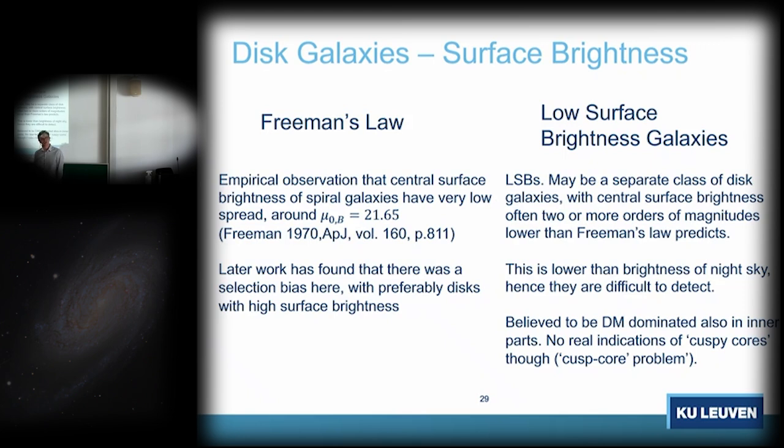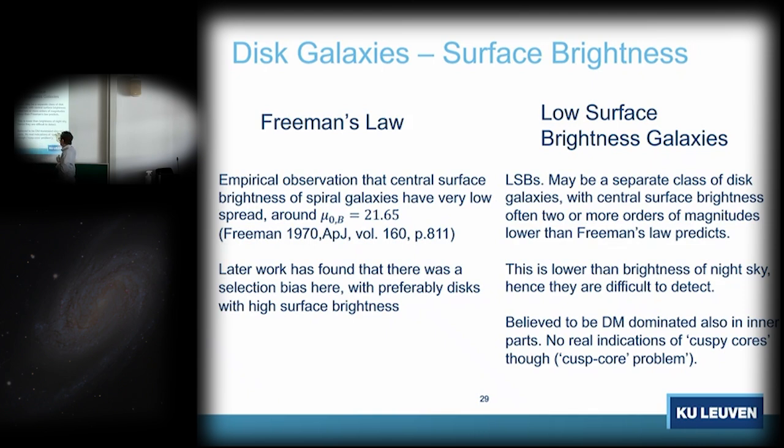Whereas observations typically indicate that no, the galaxies are more core-like. That is, they don't exhibit this steep increase in density or in surface brightness as we observe them in the innermost regions. And enter then the low surface brightness galaxies, because if you can observe them, they are believed to be dark matter dominated also in the inner parts, so you can get constraints also on the dark matter component in those parts, which is not easy to do from, say, normal spirals, because there it's the luminous matter that dominates, so you don't know what the dark matter component is, but here you do.